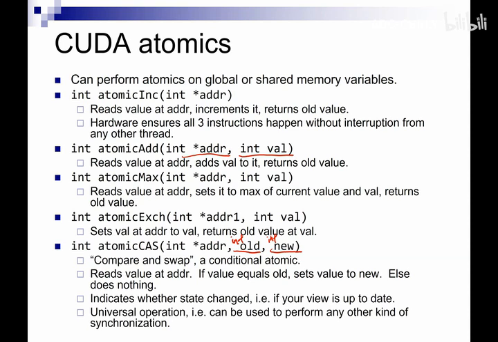So this is actually a very useful operation. In fact, it's a so-called universal operation because you can use this in different ways, and this can allow you to implement basically any synchronization operation. The reason it's so useful is that atomic compare and swap lets you tell if some other thread has changed the current state.